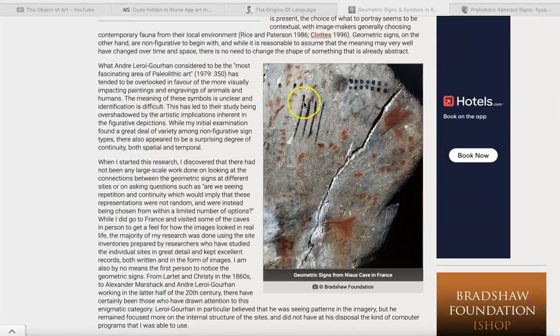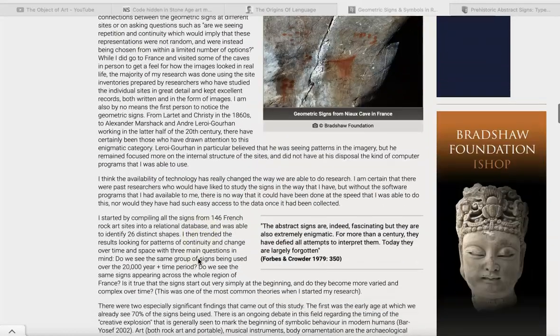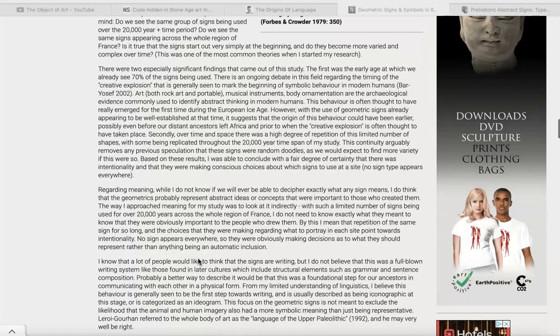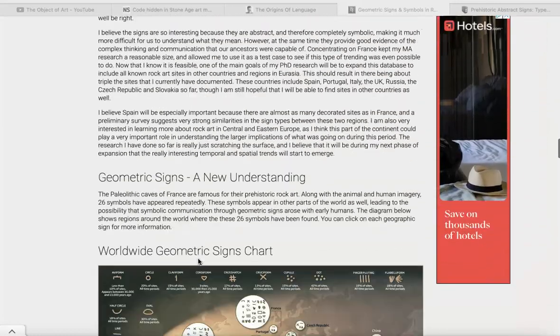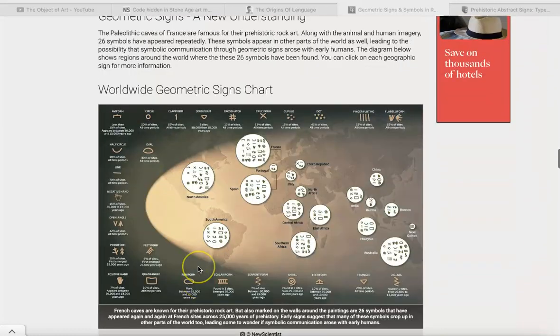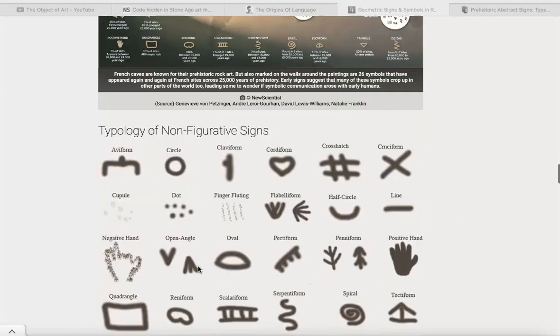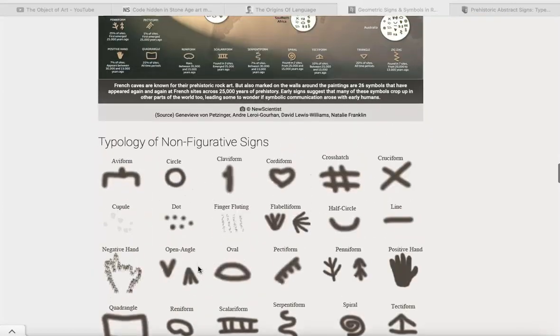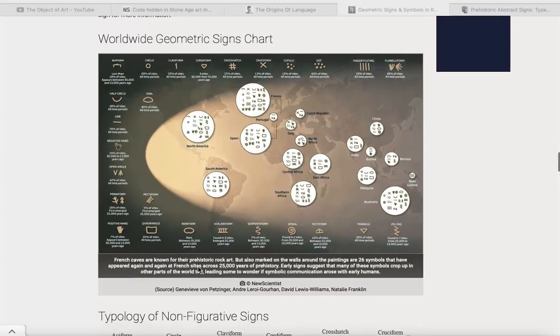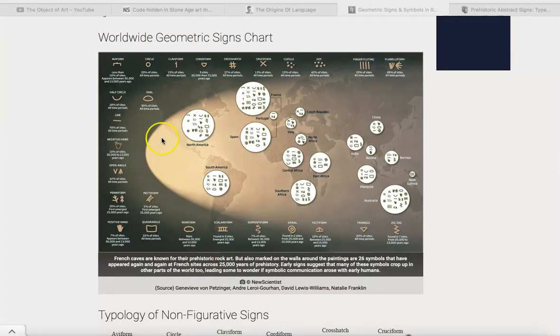Here's some more. I'm not going to continue reading this. It's huge, but this is an interesting part, and this is well worth the price of admission, or just clicking on the link that I provide in the description. Worldwide geometric signs chart. Look at this.